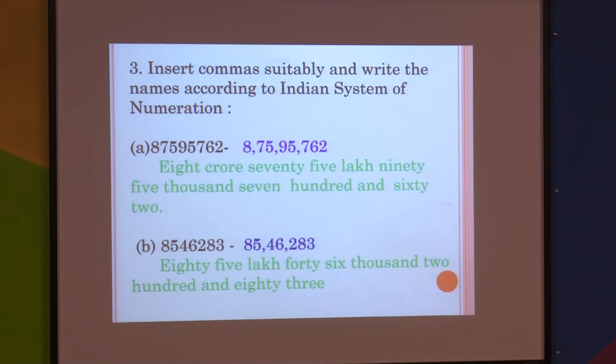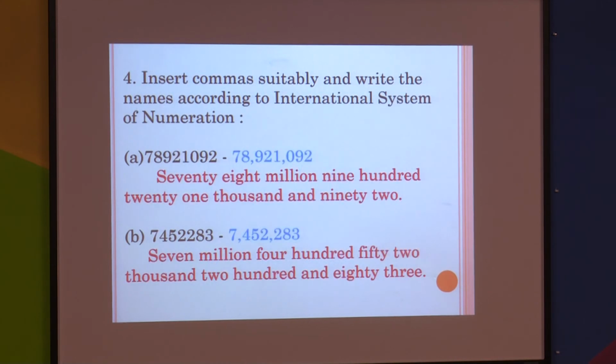Let us solve a few more sums. Insert commas suitably and write the names according to the International System of Numeration. Last time we saw the Indian system. Now we have to give the commas according to the International System and then write the number.